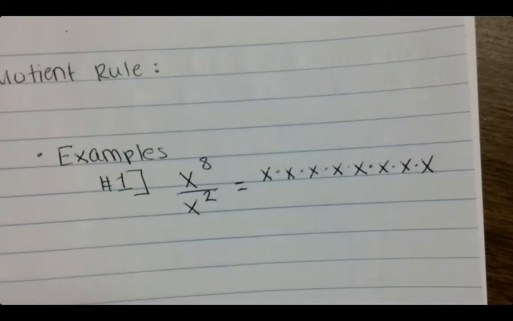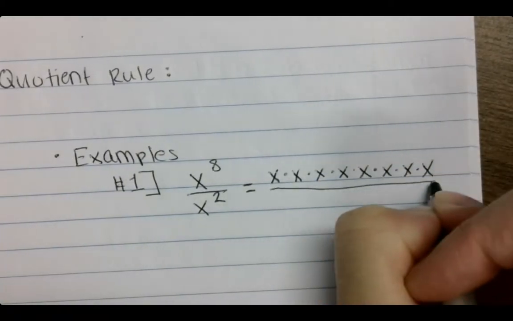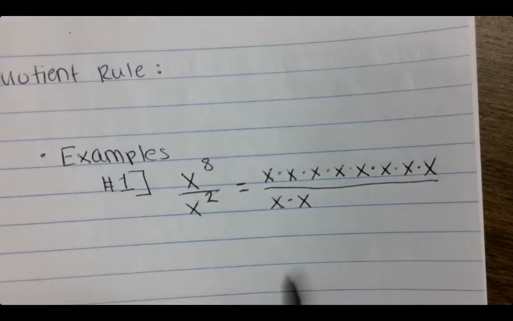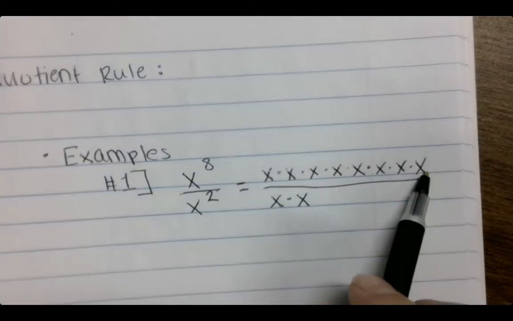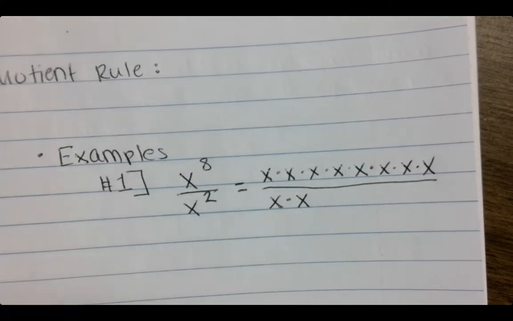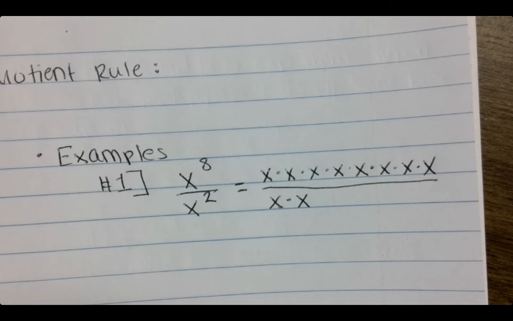So I have 8 x's on the top part of the fraction and 2 on the bottom. Then I'm going to cross out where x's line up.